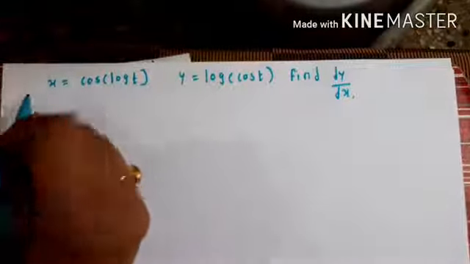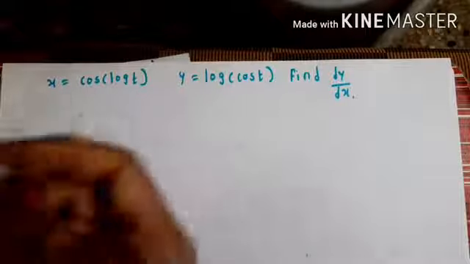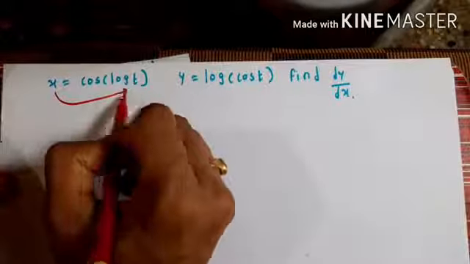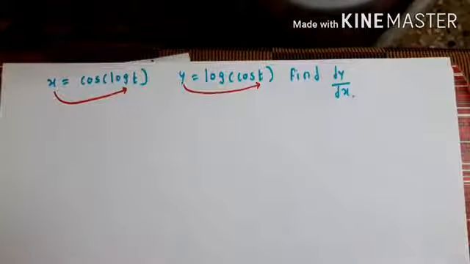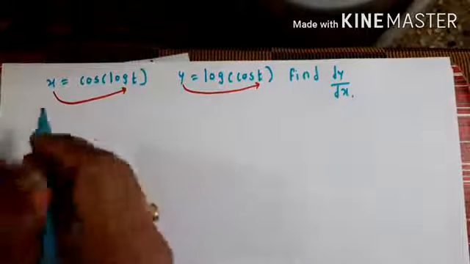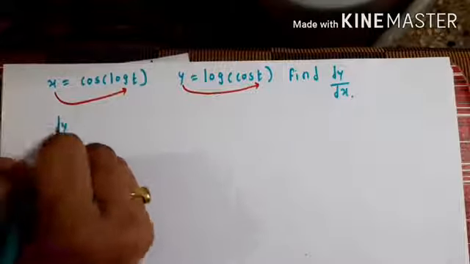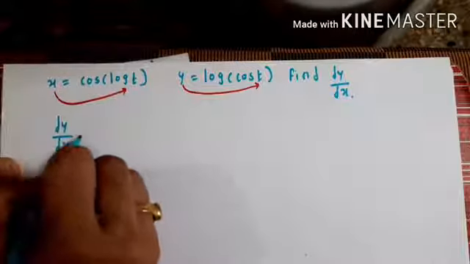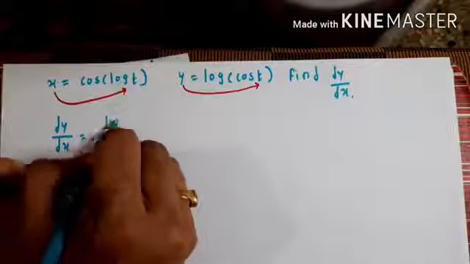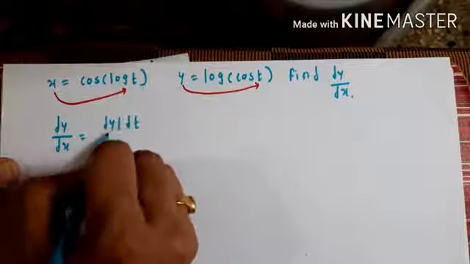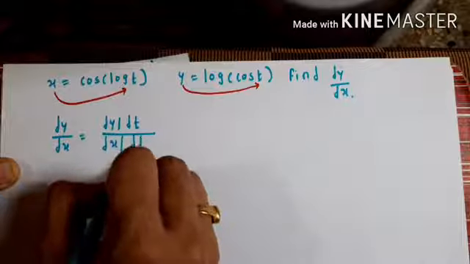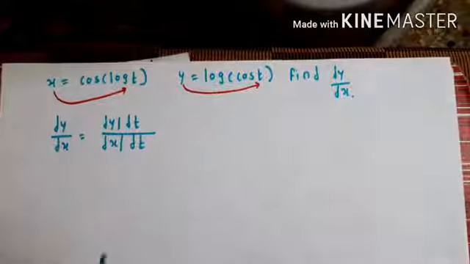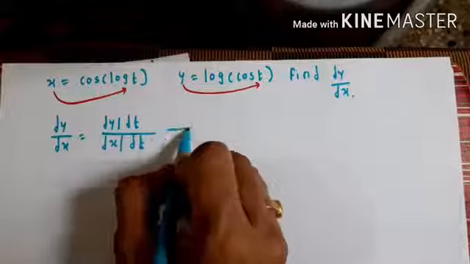So here also x is a function of t and y is a function of t, and therefore dy by dx equals dy by dt upon dx by dt, and this is 1.